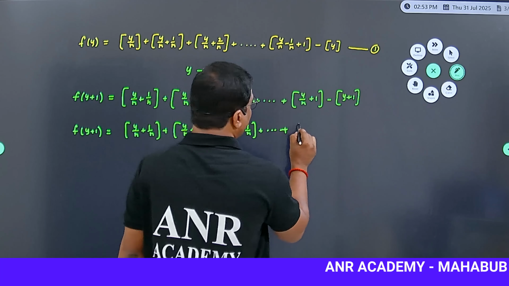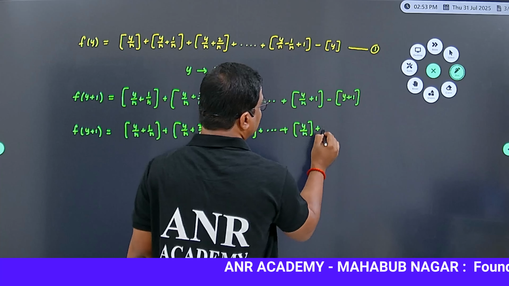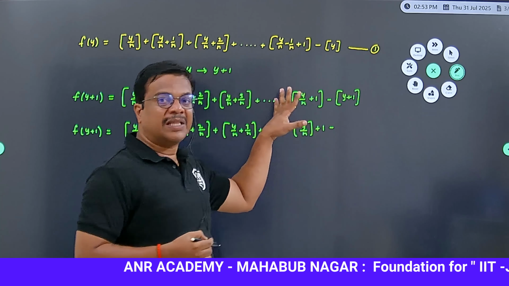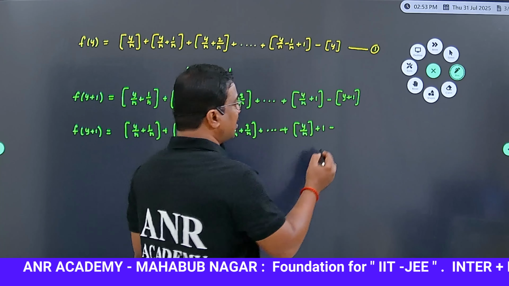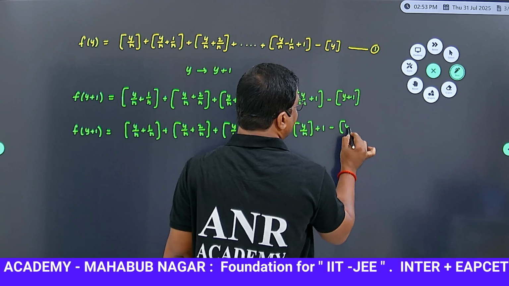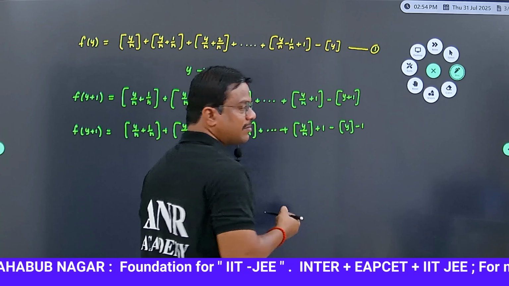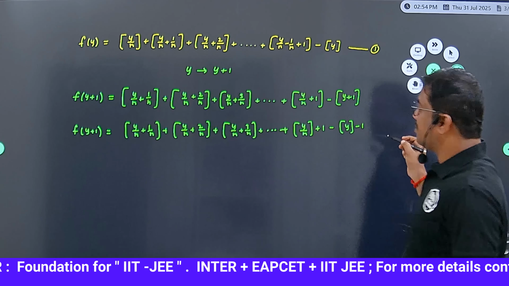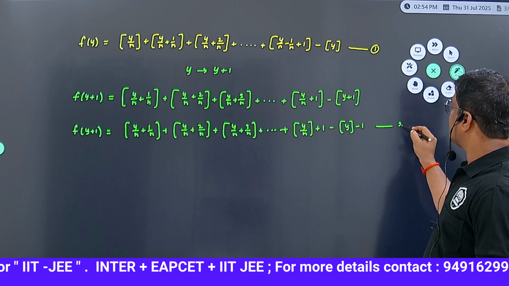So here using the property we get floor of y by n plus 1. Next, minus, again by the property floor of x plus integer is floor x plus integer, so first it is floor y, and the outside minus sign is there, so minus 1. This is result 2.